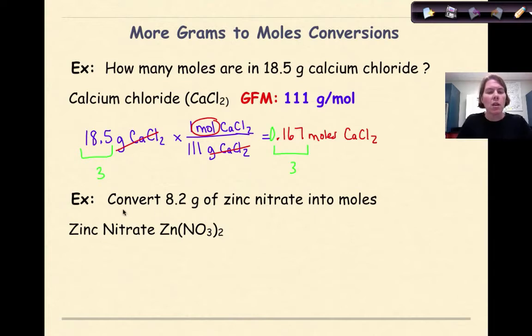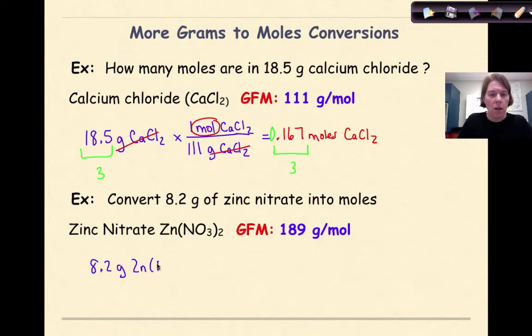The next one, convert 8.2 grams of zinc nitrate into moles. Zinc nitrate, here's my formula, ZnNO32, gram formula mass, 189 grams per mole. Start out by writing out your given. 8.2 grams of ZnNO32, multiplication sign and a line.